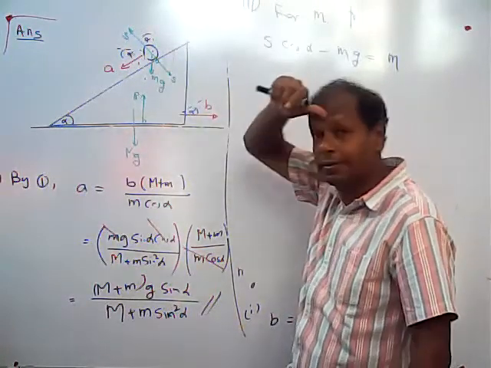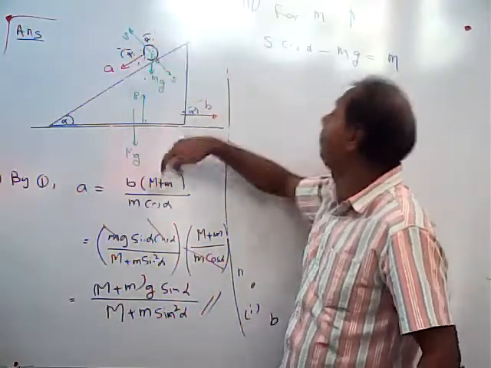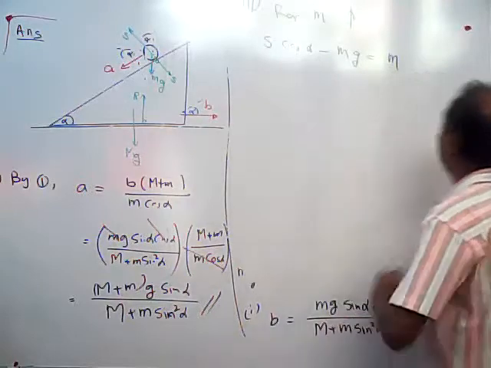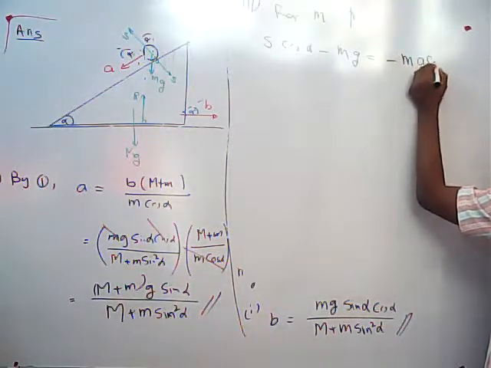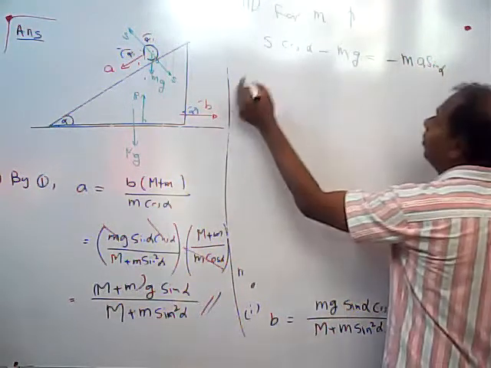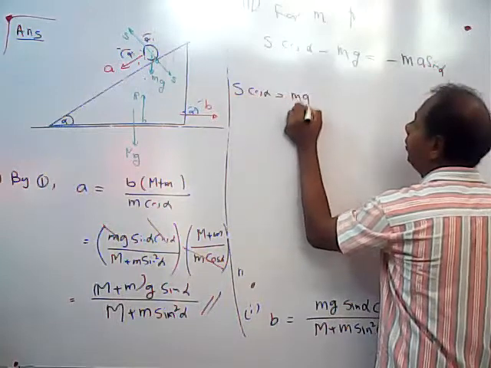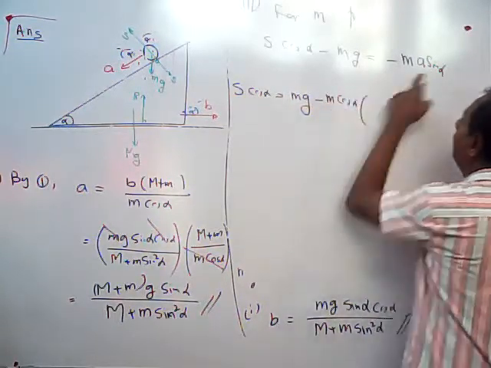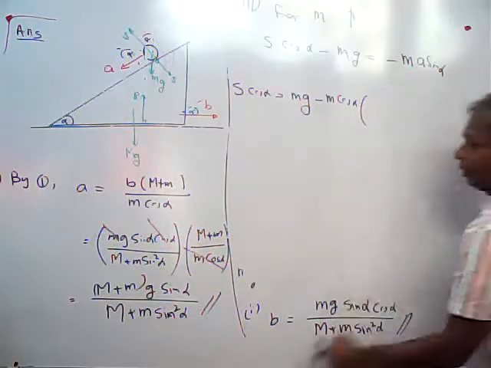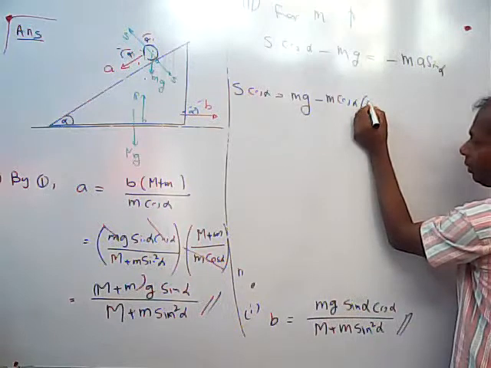We are applying upwards, so it has to be minus m A sin alpha. So S cos alpha equals mg minus m A sin alpha, and for A we can substitute that.